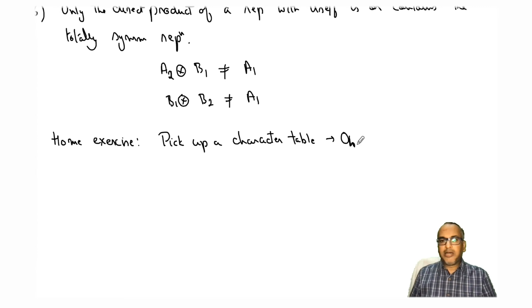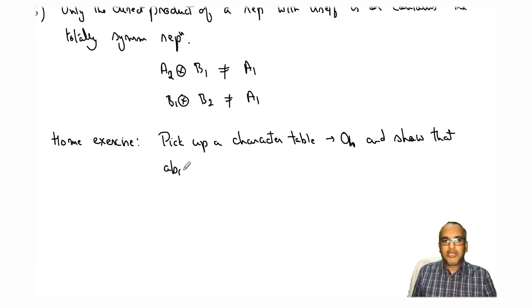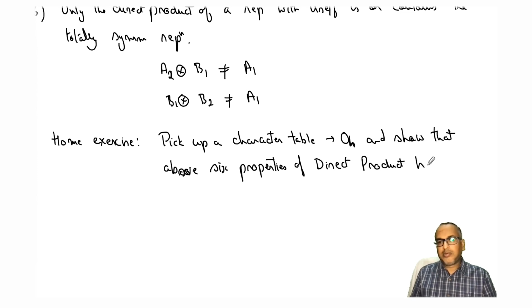So pick up a character table Oh and show that the above 6 properties of direct product hold true.